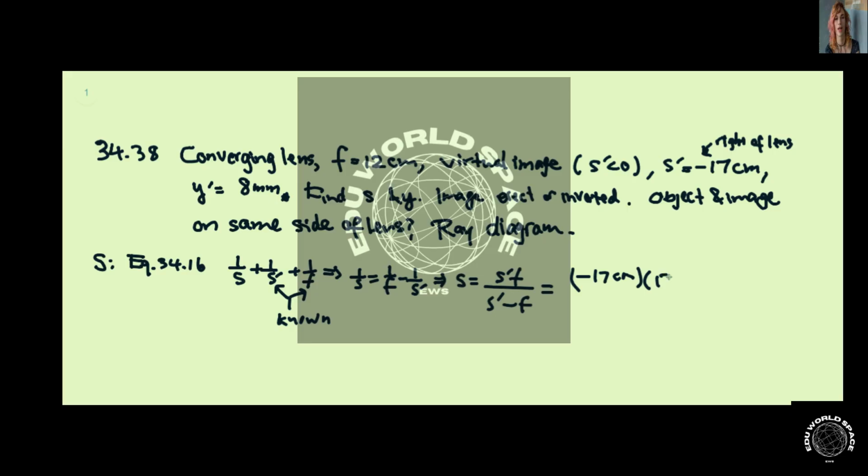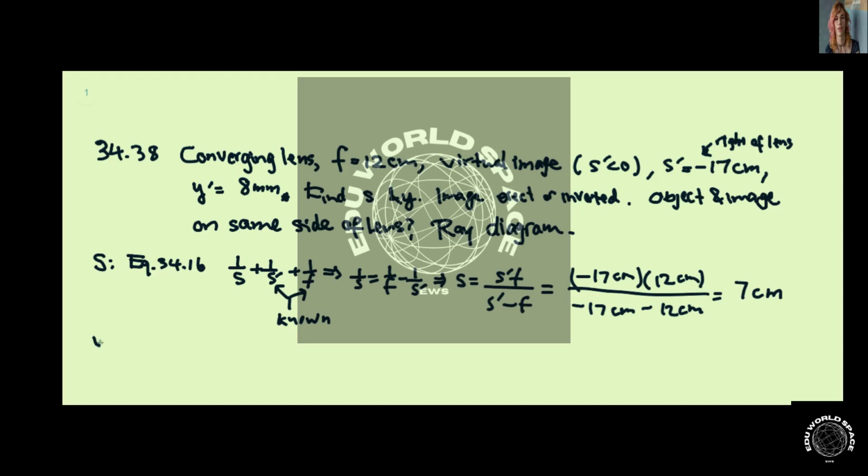F is 12 centimeters. So in the numerator we have the product, in the denominator we have the difference between s prime and f. And this leaves me with the value of s of 7 centimeters. Okay, so that takes care of the object distance.